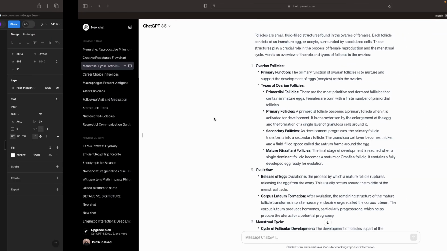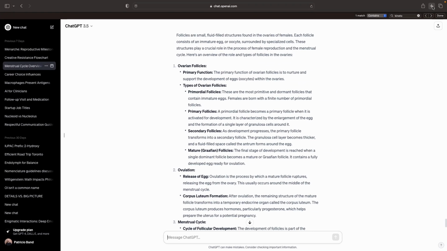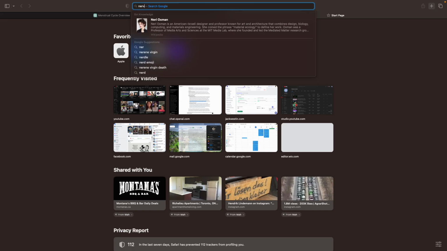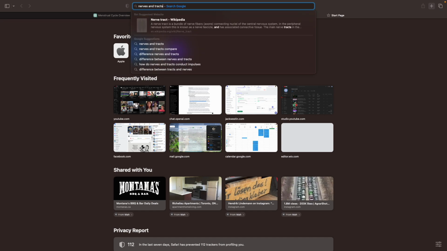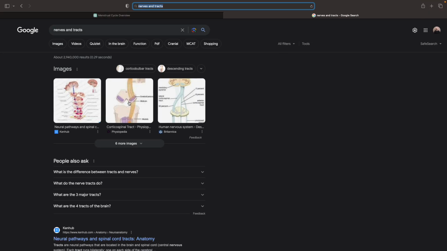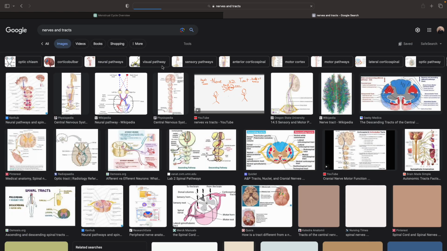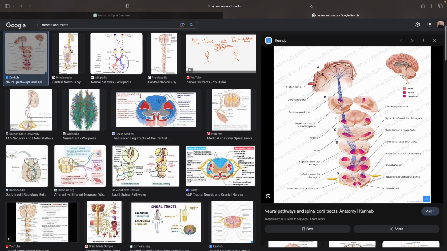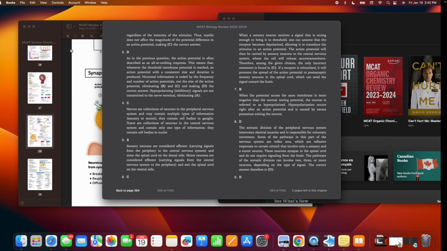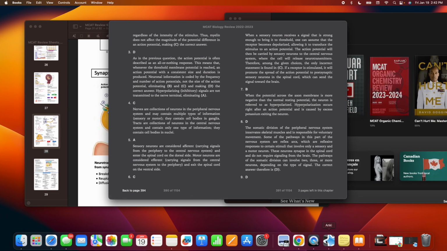Okay, wait a second. Nerves and tracts. Let's go. Oh, I actually can make flashcards in these.